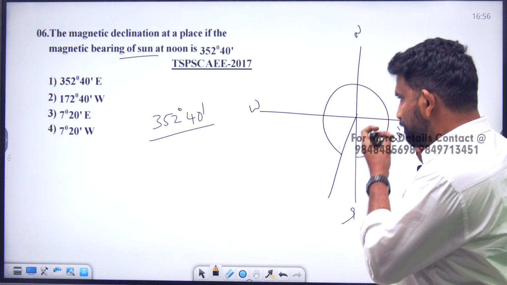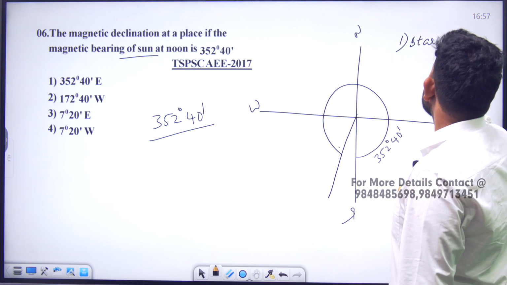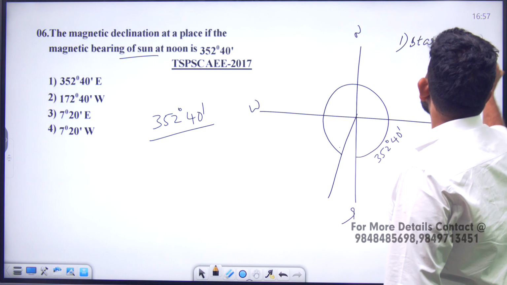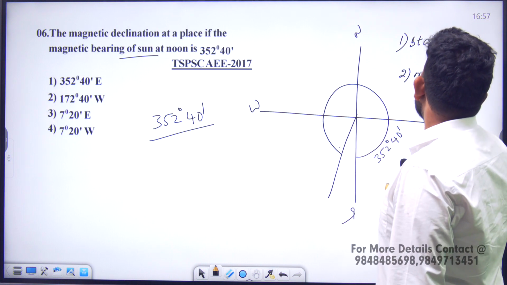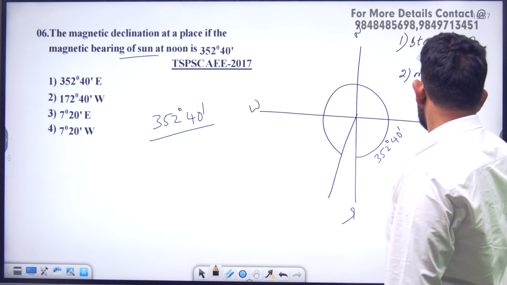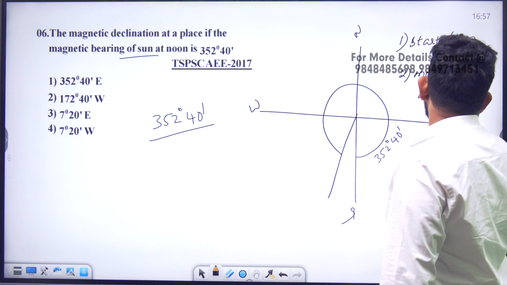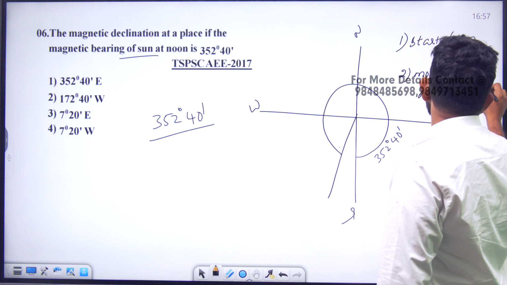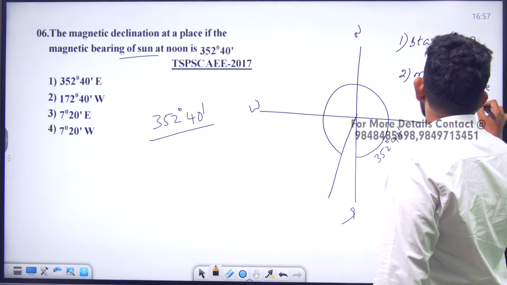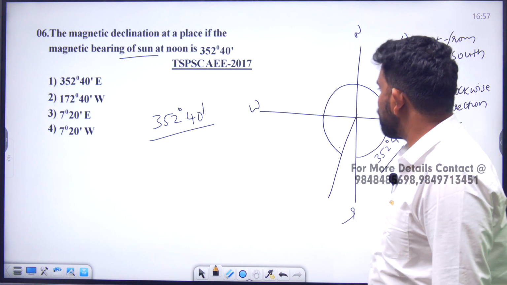Simply follow a shortcut. Number 1, start from south. Number 2, move in anti-clockwise direction. Number 3, draw down the angle. If you see here, this angle comes out to be 352 degrees 40 minutes.